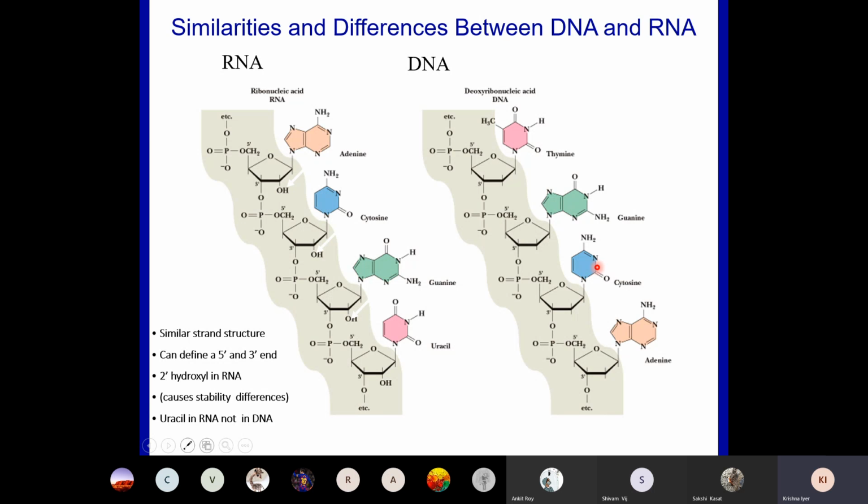So the second big step that occurred as far as evolution was concerned was to realize that having cytosine as well as uracil in the same genetic material will not be good. So the big change was where instead of uracil, the organism decided to have thymine as the other pyrimidine.